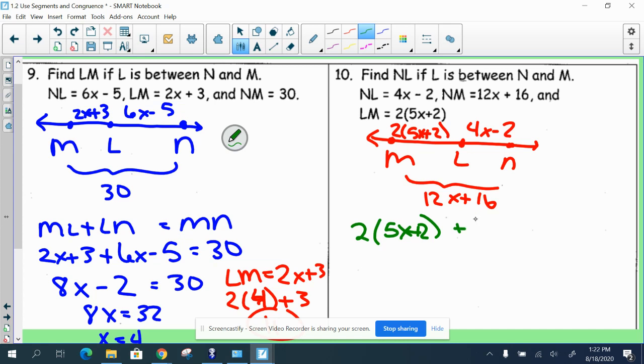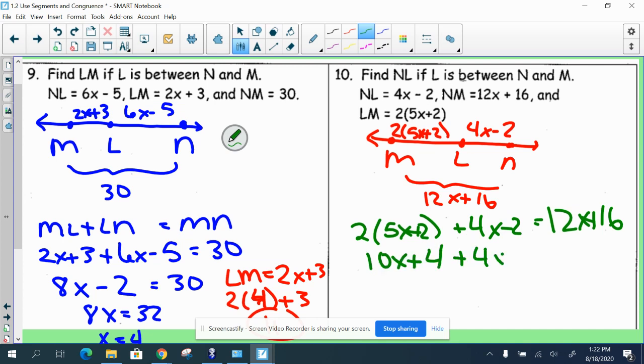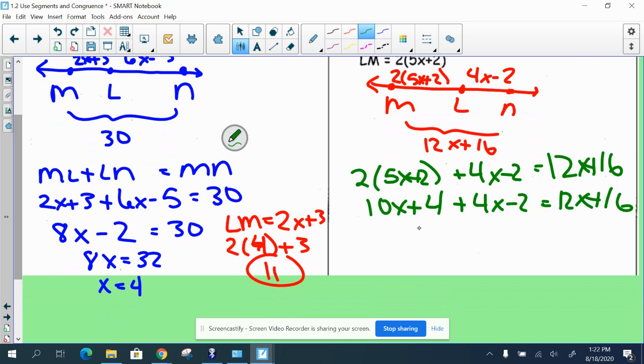And then plus 4x minus 2 equals the whole thing, 12x plus 16. So first, distribute the 2, get rid of your parentheses. 10x plus 4. Okay, combine like terms, solve for x.